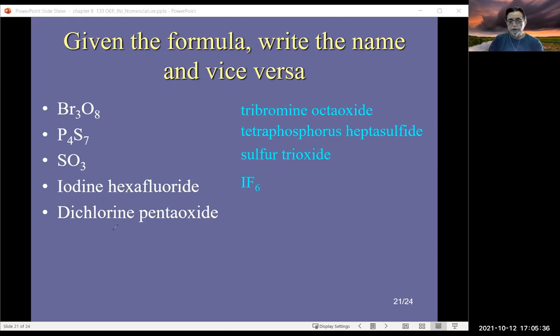I'll break it down. Parent formula, chlorine. Notice it's chlorine, so chlorine is the central atom. It's written first. And pentoxide, you got oxygen. So there's the parent formula. Then we add the prefixes. Di means 2, so there's 2 chlorines. And penta means 5, which means 5 oxygens.